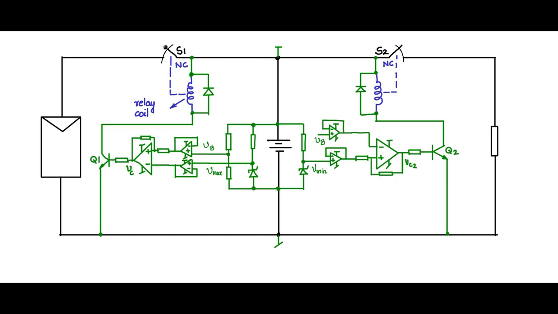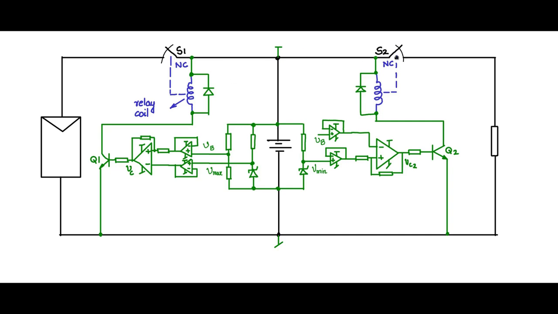Instead of the switches S1 and S2 being relays, you can also replace them with power semiconductor devices. You could use MOSFETs and BJTs also. But most of the time the circuit is operating in the operating zone near the MPP.